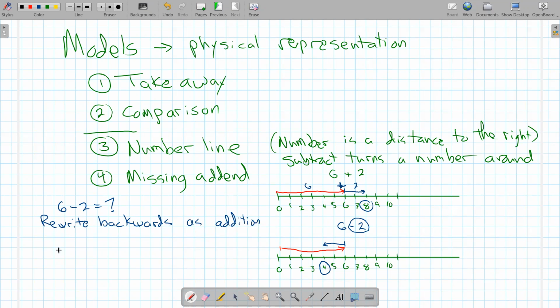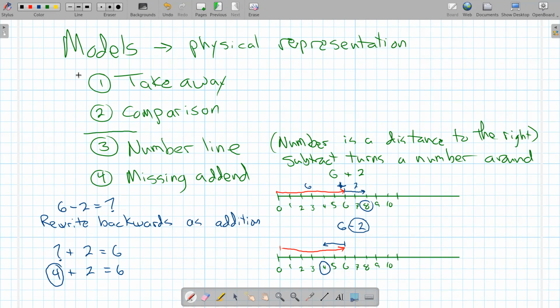So starting here, I would say what plus 2 equals 6. And then we could count up 2, 3, 4, 5, 6. Okay, it looks like 4 plus 2 equals 6. So 4 is my missing addend, right? The missing piece of addition that leads to the subtraction. So that's a slightly different physical way of thinking about subtraction by redoing it as an addition problem.